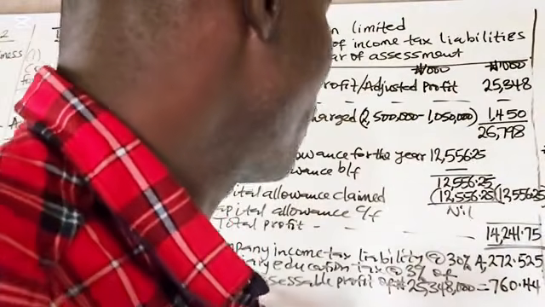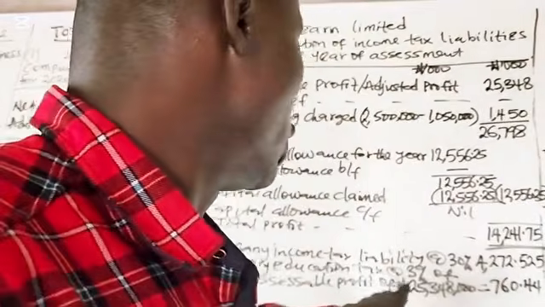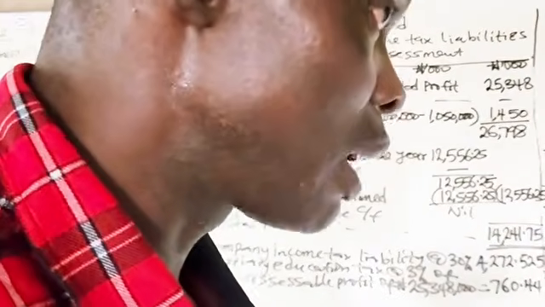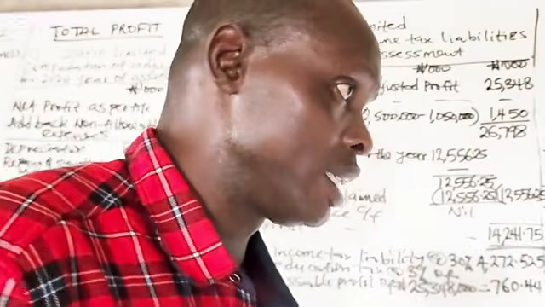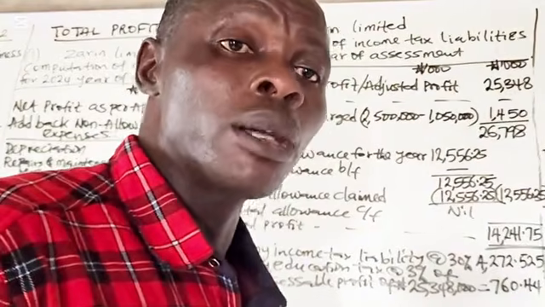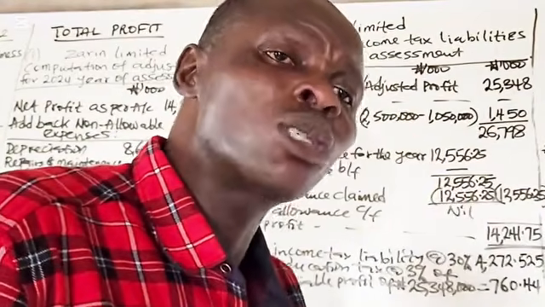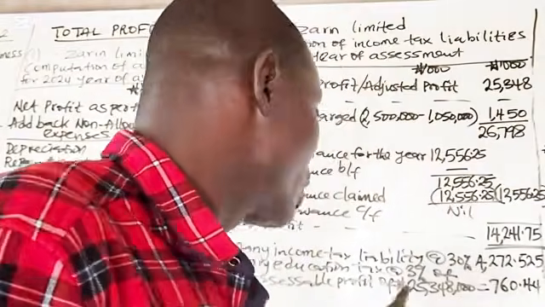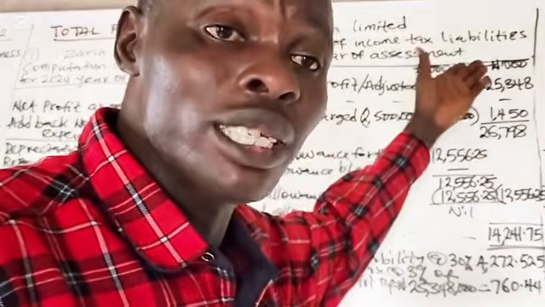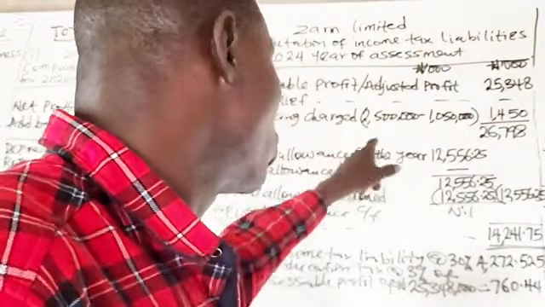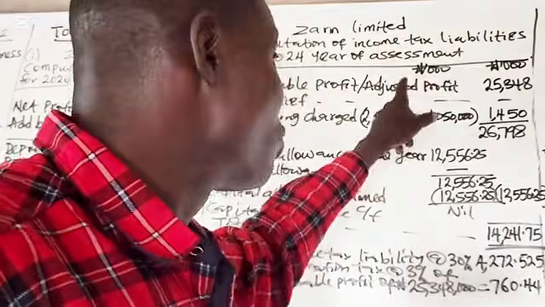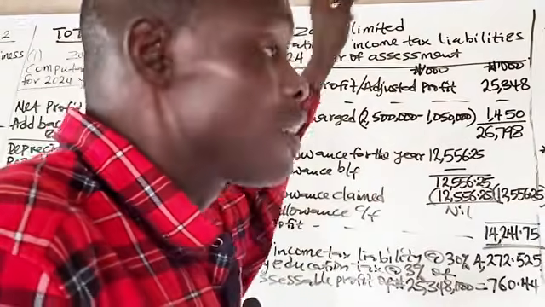But some of you believe that the tertiary education tax of 3% has been replaced by development levy of 4% of assessable profit. Yes, that is true. But effective from January 2026. The year of assessment you have in question is still 2024. It will be wrong for you to use development levy of 4% when the year of assessment is 2024.